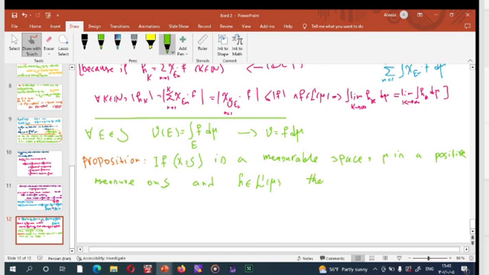Then if for any E in S nu of E equal to this integral, then for any E in S, total variation of nu equal to this integral, okay?